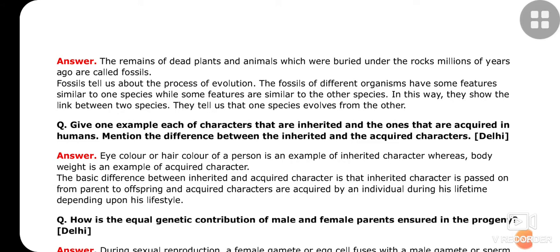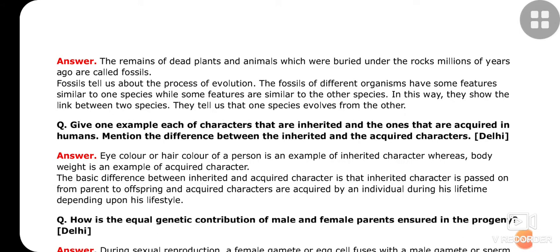Mention the difference between the inherited and acquired characters. So the answer is, eye color or hair color of a person is an example of inherited character, whereas body weight is an example of acquired character.